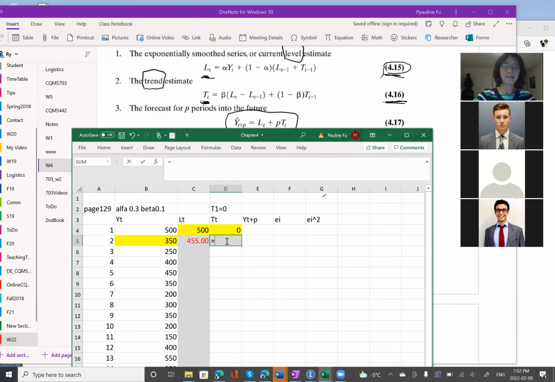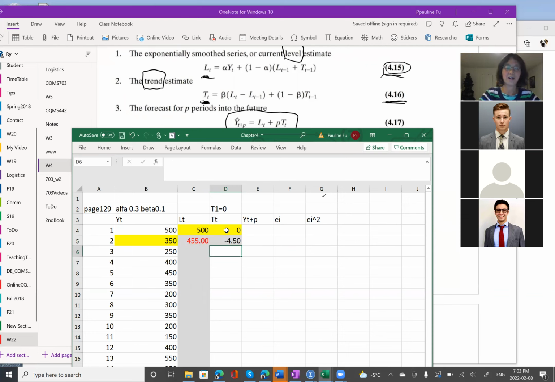For T2, you use beta, 0.1, times the difference of the two numbers on the left, number on the left minus number on the left, plus 1 minus beta, 0.9, times one number above. This formula is based on 4.16.